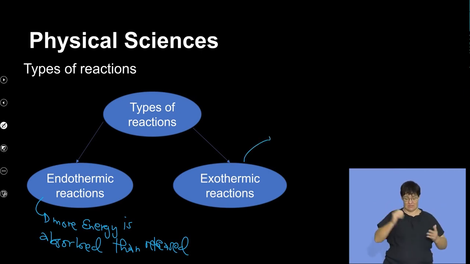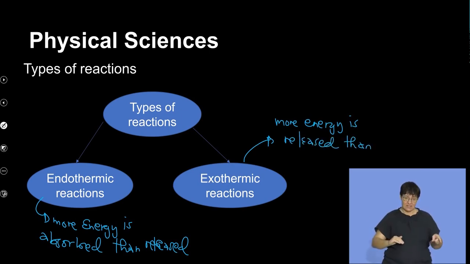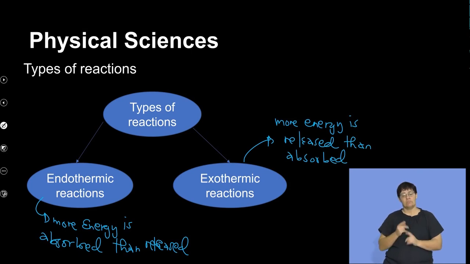And when we talk about an exothermic reaction, we are saying that more energy is released than absorbed. So in other words, in these two types of reaction, there is both release and absorption. Then it will entirely depend on how much we absorbed versus how much is released when new bonds are formed.